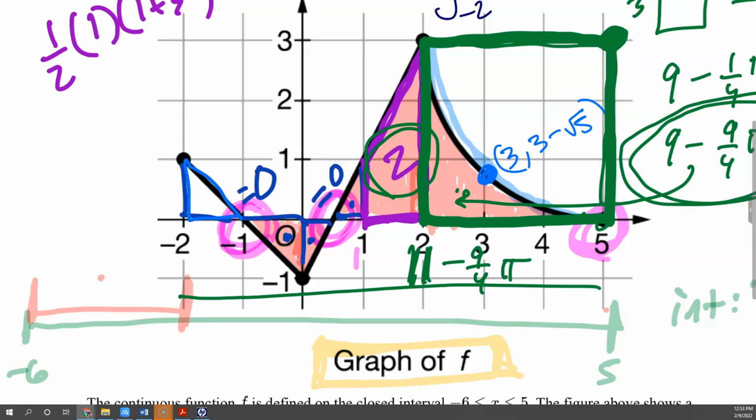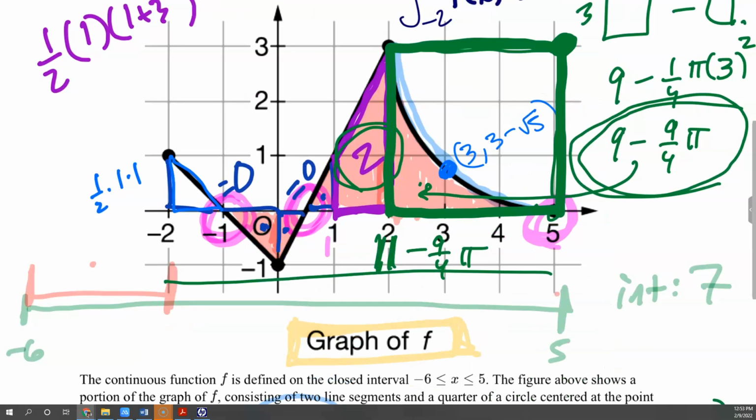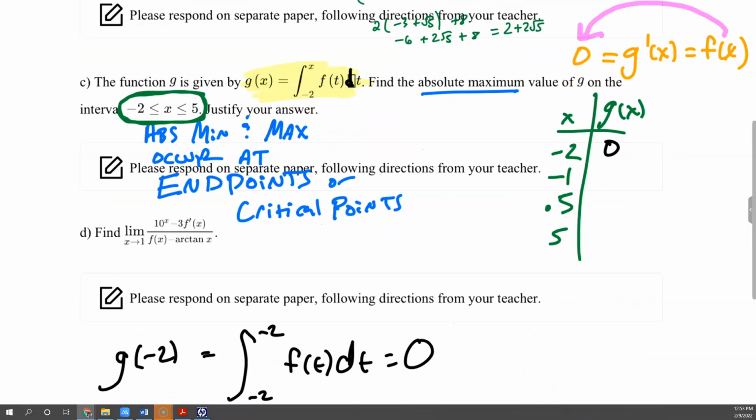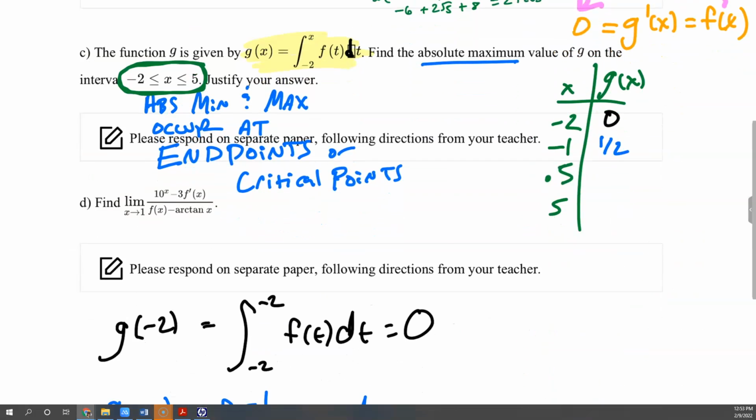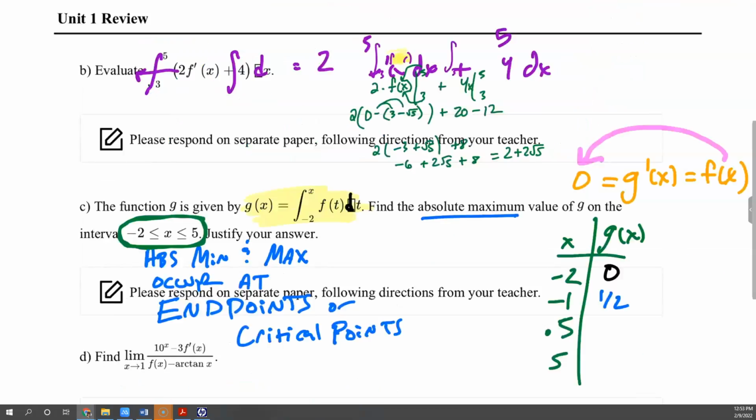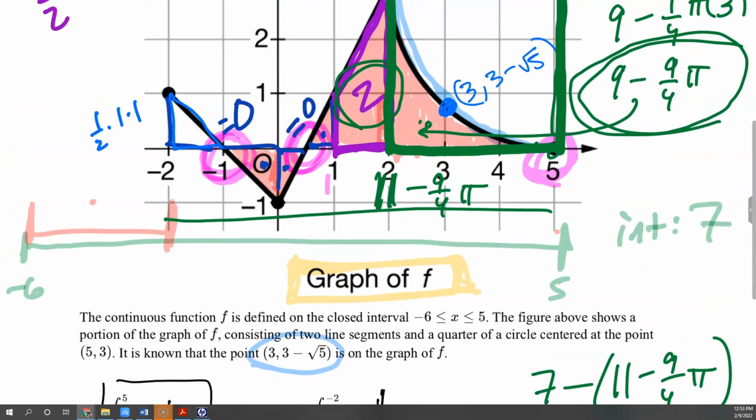Yeah, 1/2 base times height, so 1/2. So integral just means area, and it told me to go from -2 to -1. So the integral of that was 1/2. Okay, cool. So that's my y value. It was above the x-axis.